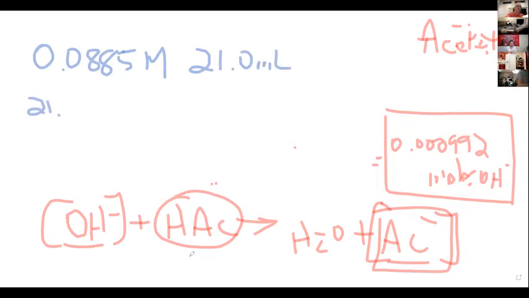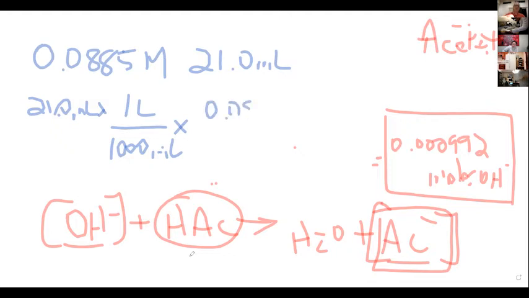So 21 mL times 1 liter per 1,000 mL times 0.0885 moles per liter gives us moles of acetic acid at the beginning.